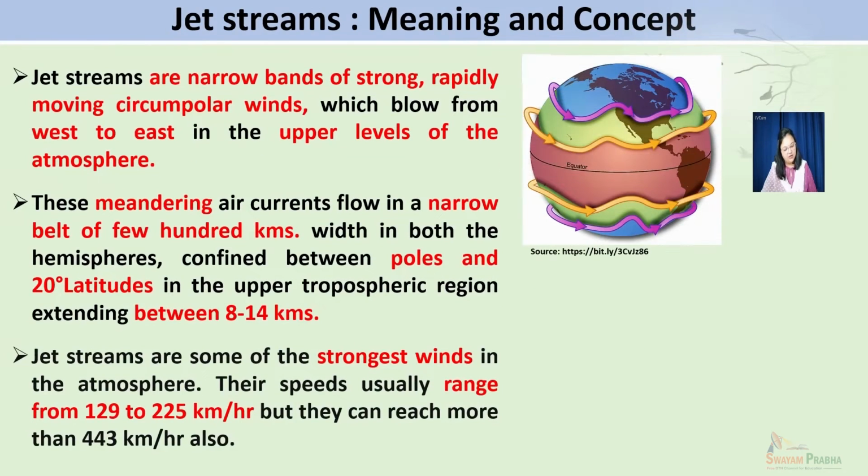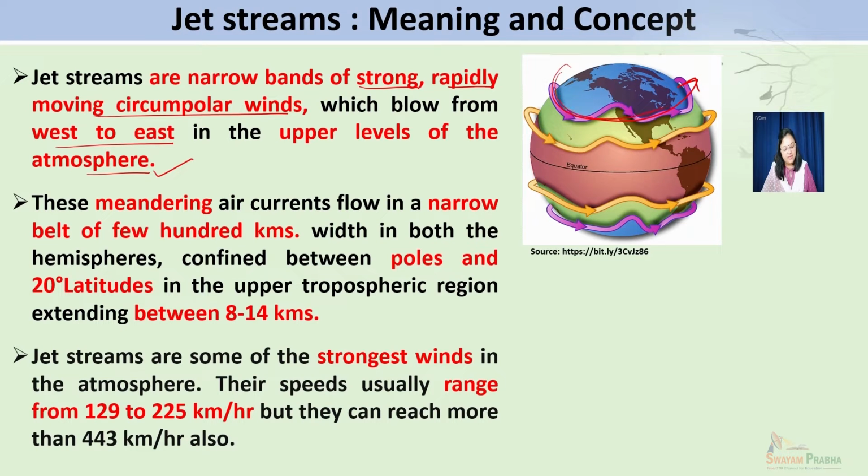Jet streams are narrow bands of strong, rapidly moving circumpolar winds which blow from west to east in the upper levels of the atmosphere. So jet streams are very fast blowing winds which have circumpolar dimension.